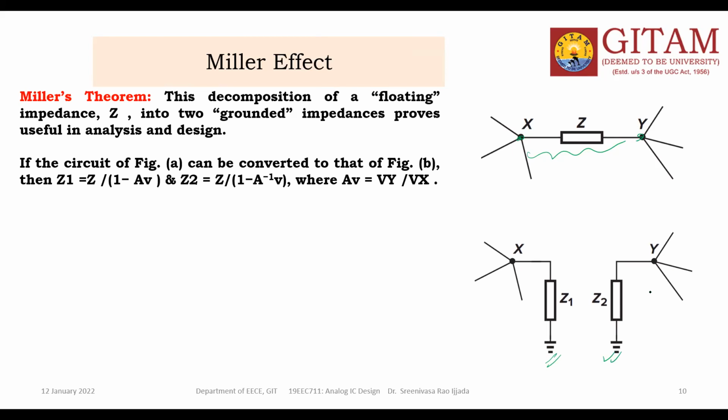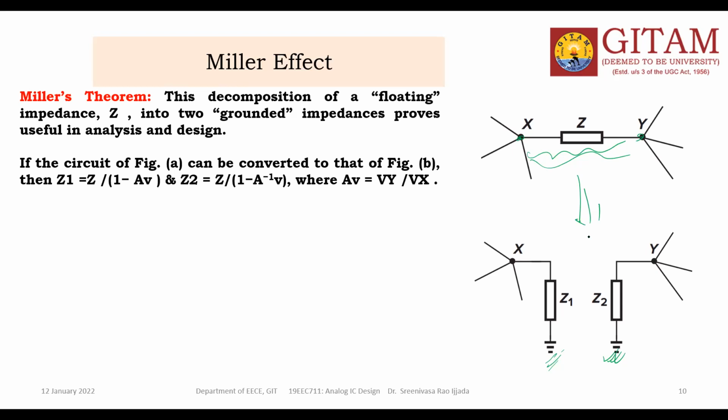Simply, there is no ground here, but here is a ground. So I want to replace Z like this. That is called Miller's theorem: the decomposition of a floating impedance Z into two grounded impedances.